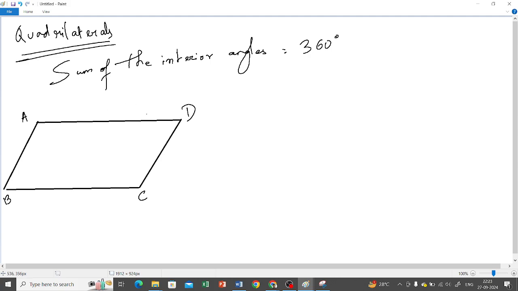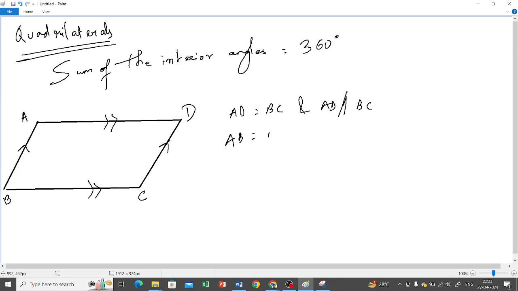So a parallelogram is a quadrilateral whose opposite sides are parallel to each other and equal to each other. So that means AD is equal to BC, and AD is parallel to BC.